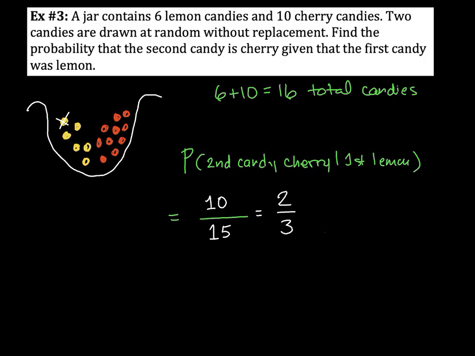If you take the first candy out and it's lemon, then you have 15 candies left. So there's 10 options for cherry for the second candy that you take. And that's all for our basic examples. I'll do another example of a more complicated conditional probability in another video.